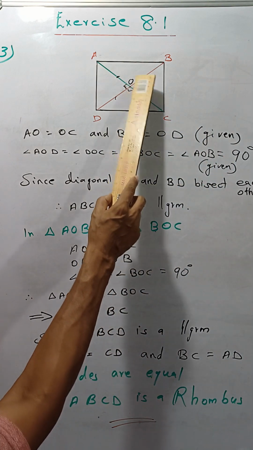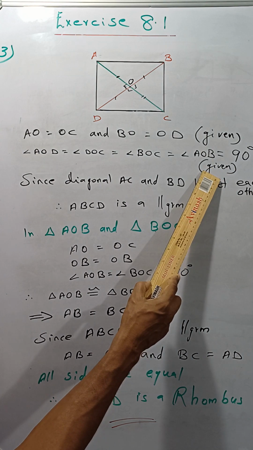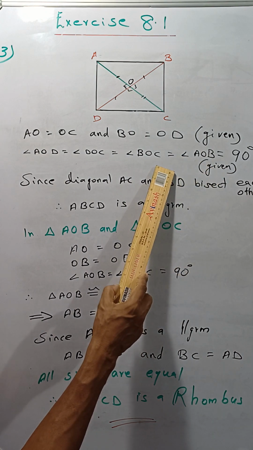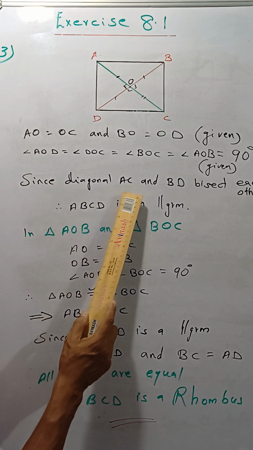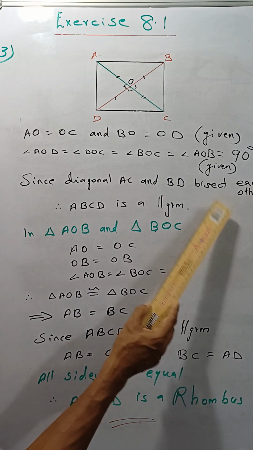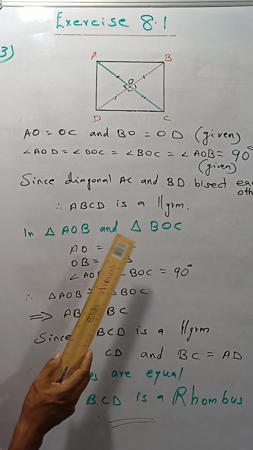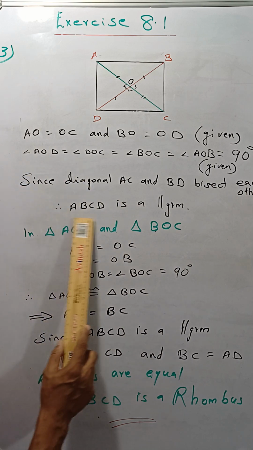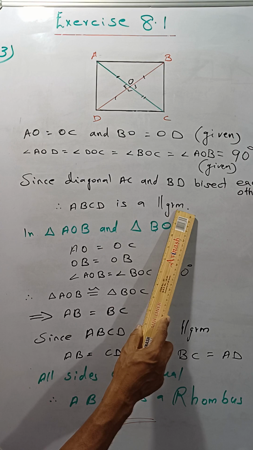These four angles are 90 degree because it is given. Diagonals bisect at a right angle. Since diagonals AC and BD bisect each other, we know that in a quadrilateral, if diagonals bisect each other, we can say that quadrilateral is a parallelogram. Therefore, ABCD is a parallelogram.